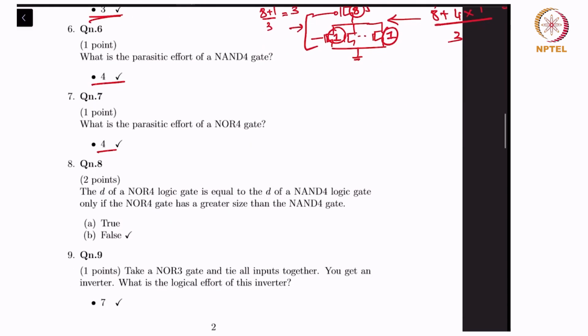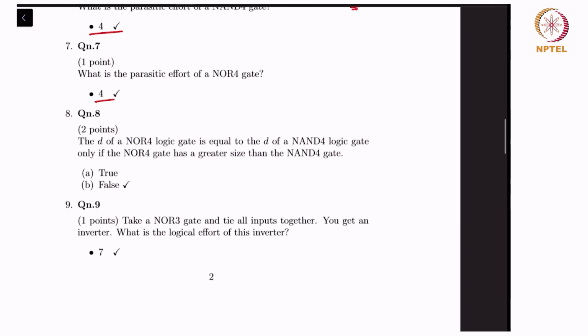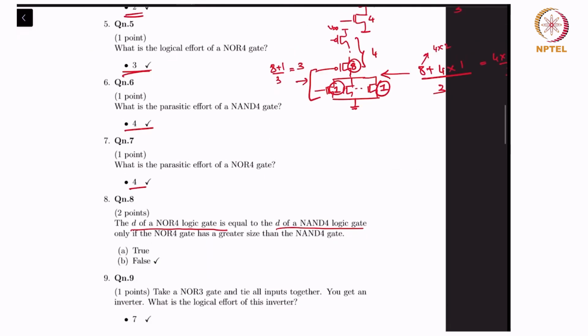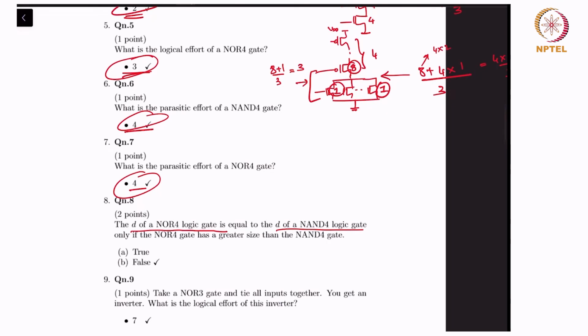So the 8th question: the delay of a NOR 4 gate is equal to that of a NAND 4 gate. We've already seen that parasitic efforts are the same. It's only that the logical effort of NAND 4 is less than logical effort of NOR 4.